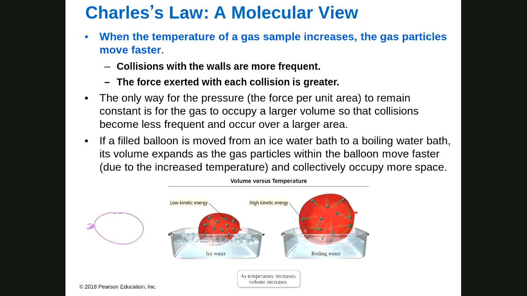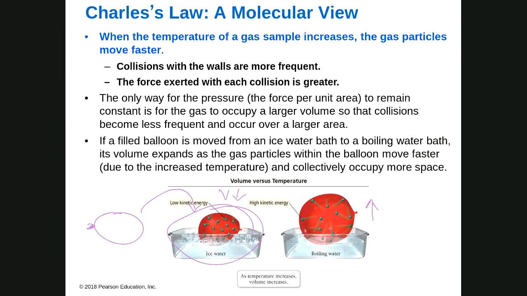And so if I put that in an ice bath, I'm going to lower the kinetic energy of those collisions, and so my volume will go down. If I put it in a hot water bath, almost boiling, then it will expand and it will get bigger. And you can do this same thing putting it in the freezer.